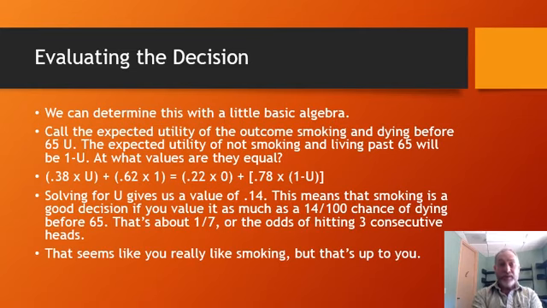So that means that smoking is a good decision if you assign that 0.14. If you value it as much as a 14 in 100 chance of dying before 65. So that's about 1 in 7. That's about the odds of hitting 3 consecutive heads in a row. That's actually 1 in 8, so it's a little less than that.